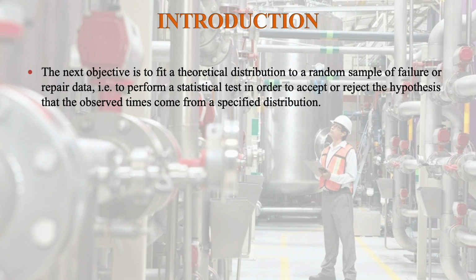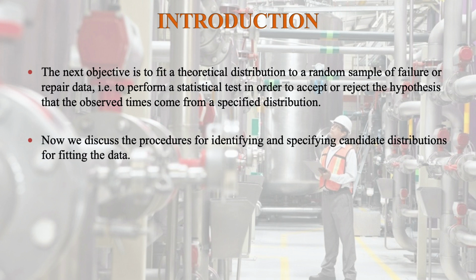The next objective is to fit a theoretical distribution to a random sample of failure or repair data, that is, to perform a statistical test in order to accept or reject the hypothesis that the observed times come from a specified distribution. Now we discuss the procedure for identifying and specifying candidate distributions for fitting the data.